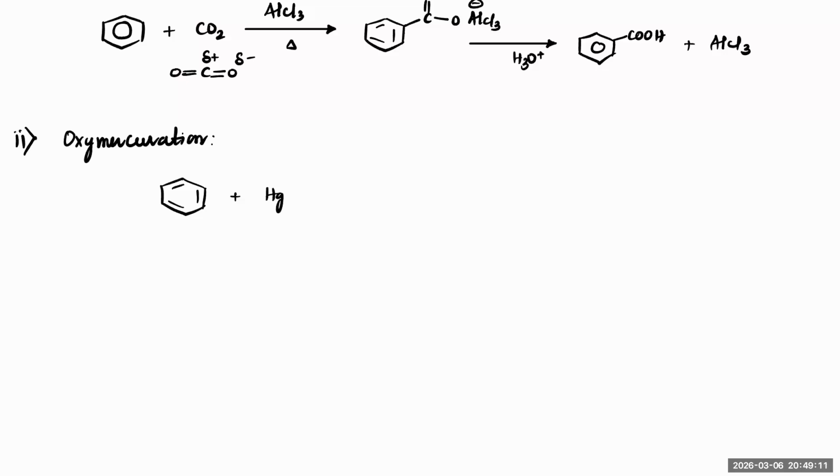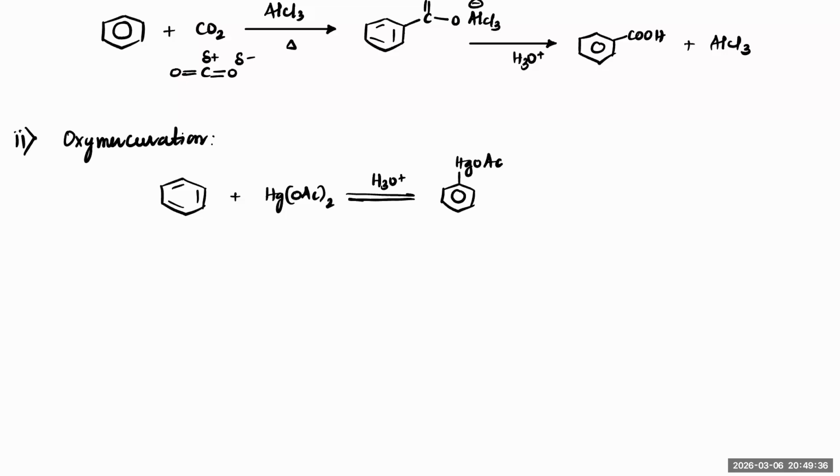In the case of oxymercuration, we have Hg(OAc)2, the mercury acetate salt. This on hydrolysis will give us benzene with HgOAc. This is what you will get.